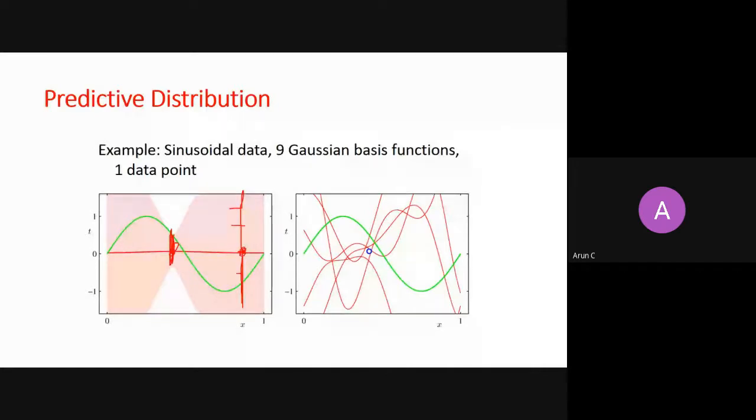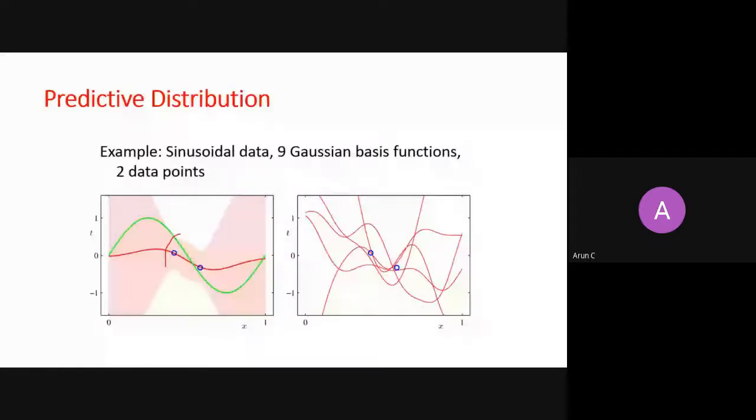And if you pick random lines from the posterior distribution of W, you will find that all those curves go very near to the data set points, but in the other regions they are scattered like anything, because the uncertainty is high. If you take 2 points, then the confidence is high in this region, that's why the variance is less.